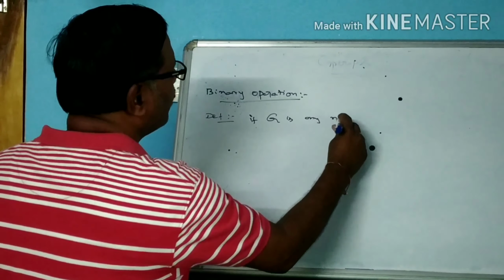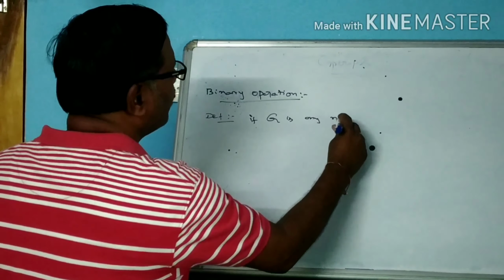N cross N is the set of ordered pairs (a, b). I define a function, denoted by circle, from N cross N to N, such that a circle b is defined by a plus b plus 2, where a, b belong to N. We know that a plus b belongs to N and 2 belongs to N. This implies a plus b plus 2 belongs to N. This means a circle b belongs to N.